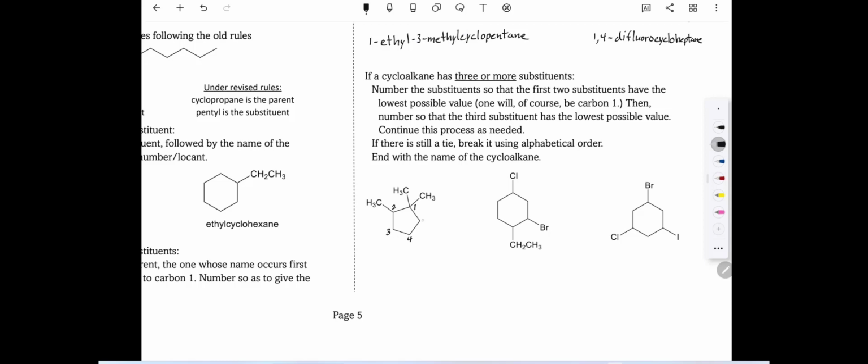So this has a parent of cyclopentane. The name of this compound will be 1, 1, 2-trimethylcyclopentane.